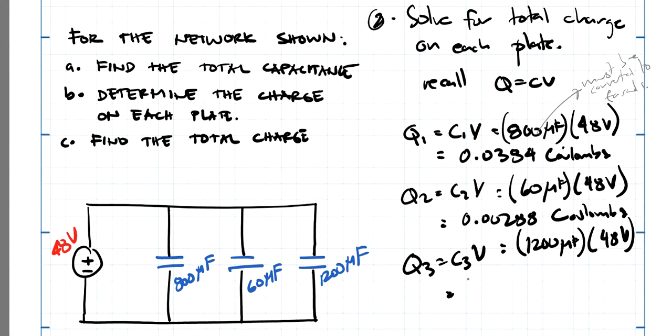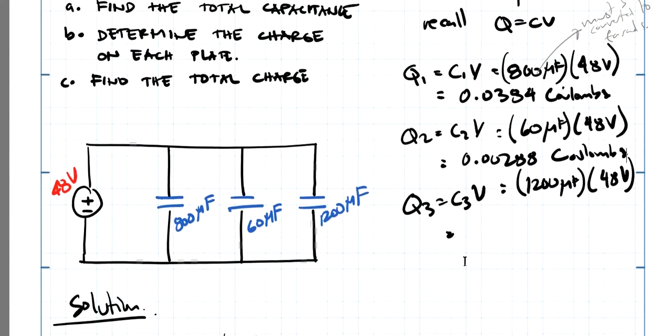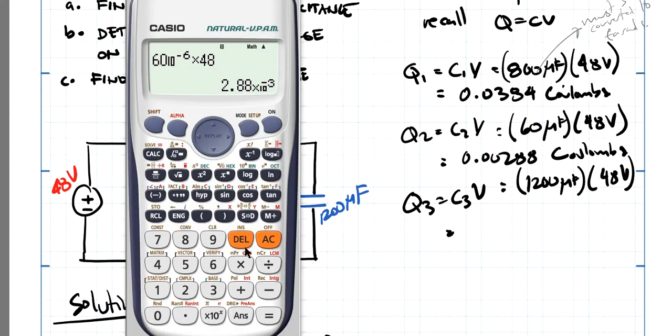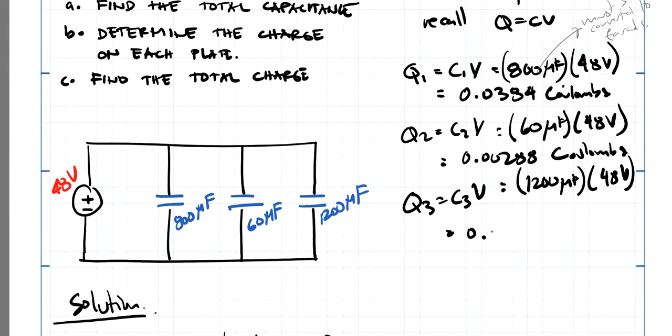Then for Q3, this is 1,200 times 48 equals 0.0576 coulombs.